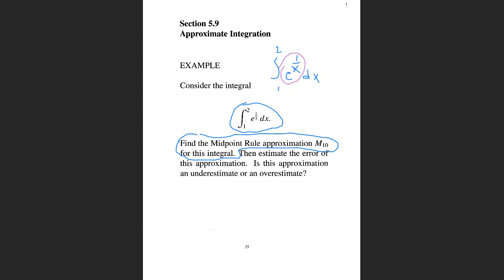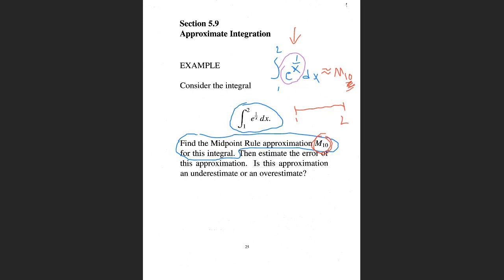So I have an interval from 1 to 2. How many subintervals am I going to break that interval up into if I want the midpoint rule approximation M sub 10? Almost right.